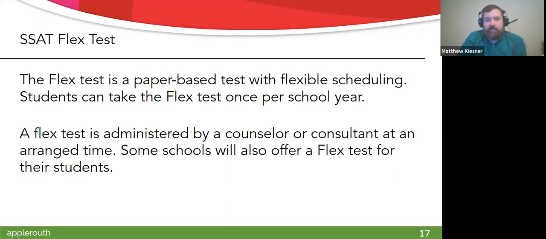But there is the flex test. The flex test is a paper test that students can schedule once per school year. Last year they did it twice. They did a seasonal flex test, and like I said, that didn't work great, so they've gone back to just once per year. Typically it's given by a counselor or consultant or IEC they've arranged with.